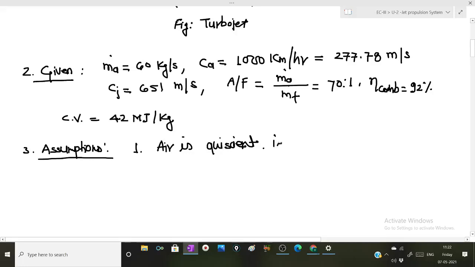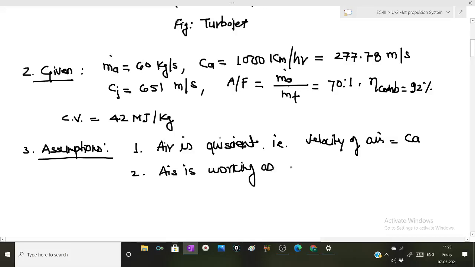So as a result of this, velocity of air will be equal to Ca. Number 2, air is working as ideal gas. So if any property of air is required, we can take it considering it as an ideal gas.